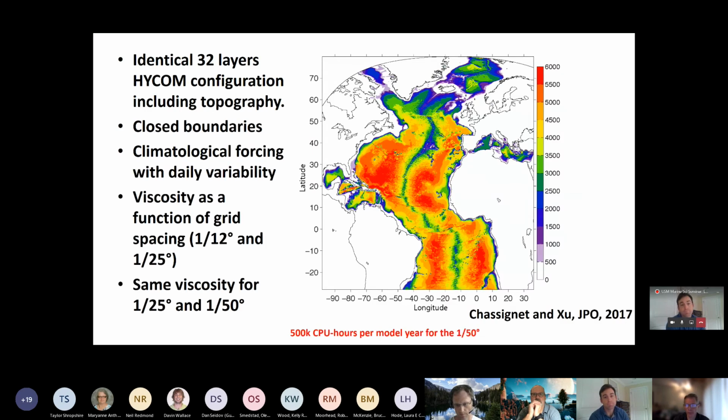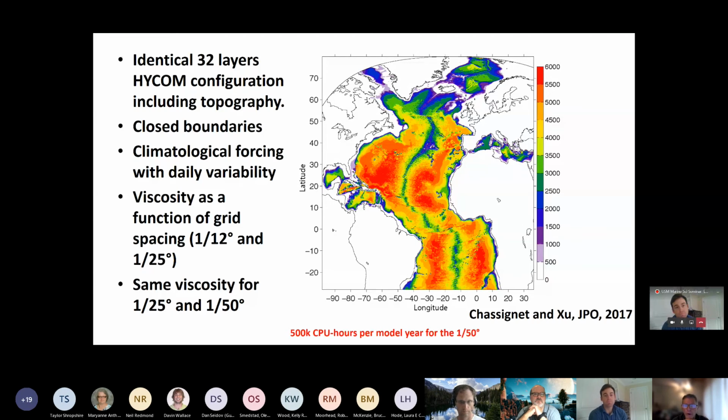The configuration we used is from 28 south to 80 north with closed boundaries, but relaxation to monthly climatology in the north and the south. They have identical vertical stratification, and the topography, which is a big point, is the same in all simulations as we increase the resolution from 1/12 to 1/50 of a degree.